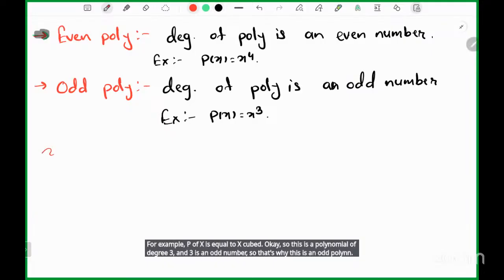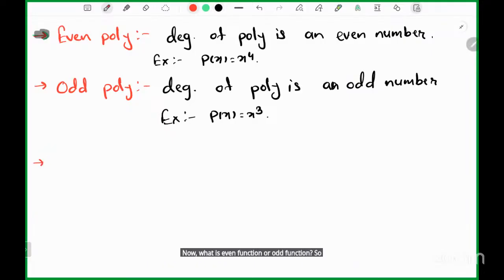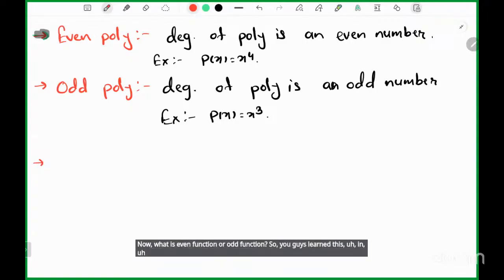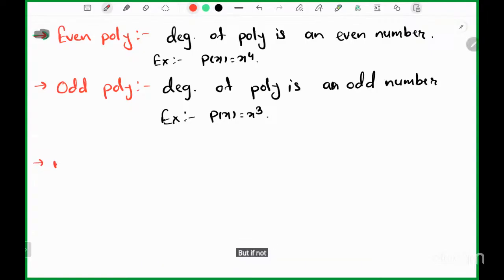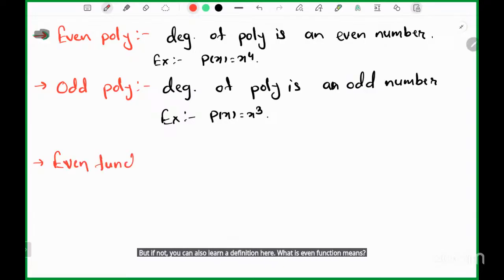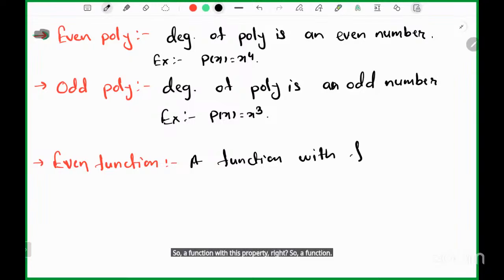Now what is even function or odd function? So you guys learned this, I think in week 1, we have even functions and odd functions. But if not, you can also learn the definition here. What does even function mean? A function with this property, right? So a function with f of minus x is equal to f of x is known to be an even function, right?